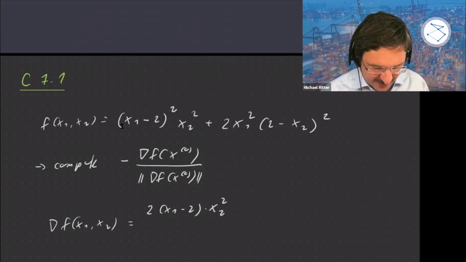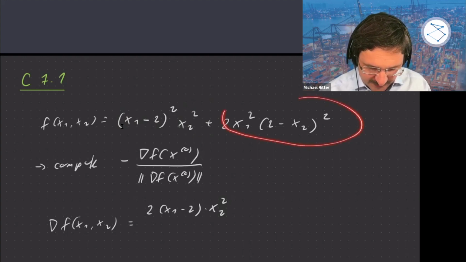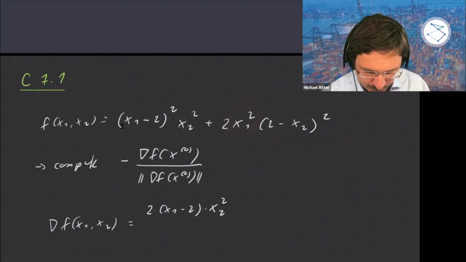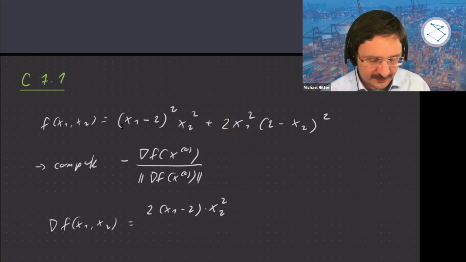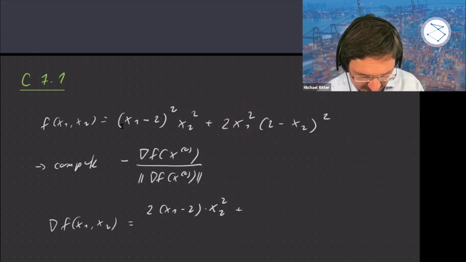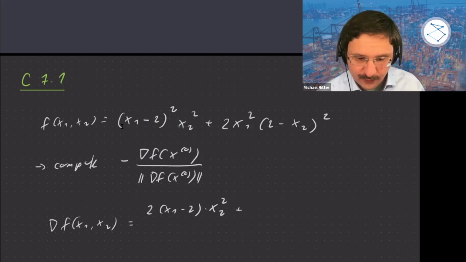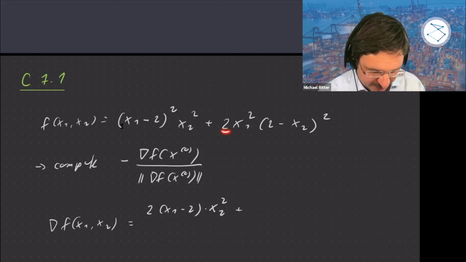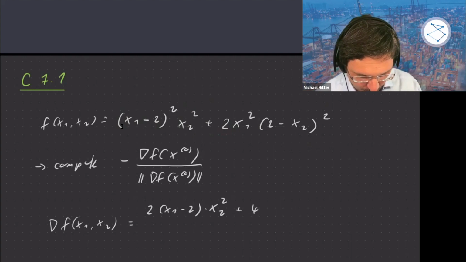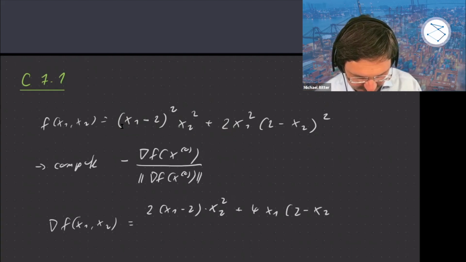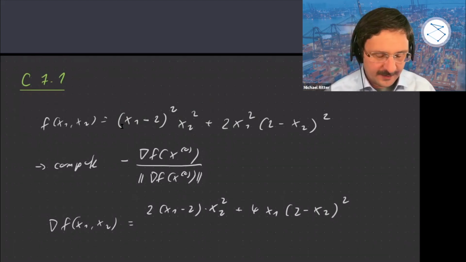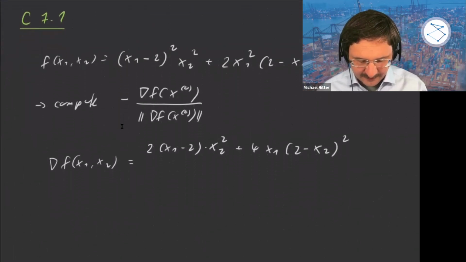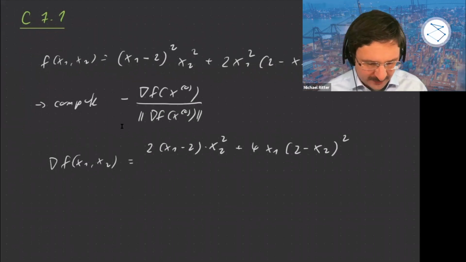So just keep that. For the second term, the x1 occurs here. And differentiating that yields a 2 times x1. So together with the 2 that's already there, we get 4x1. And again, we just keep the rest. Okay, so that's the partial derivative with respect to x1.